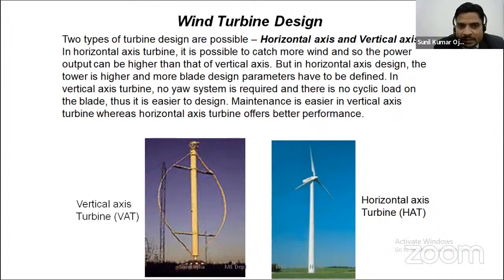So what is a horizontal axis wind turbine? In the flowing stream of the wind, the axis of rotation of the turbine blade is parallel to the flowing velocity of the wind, or parallel to the ground. That is called a horizontal axis wind turbine. You can see in the right side of the diagram, it is a horizontal axis wind turbine.